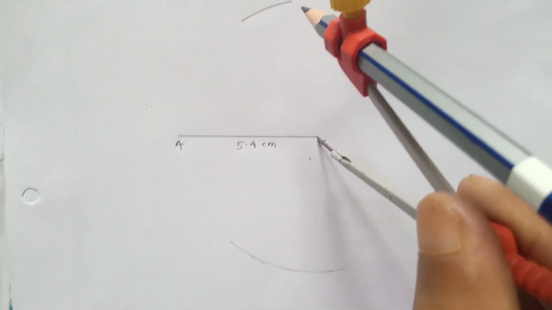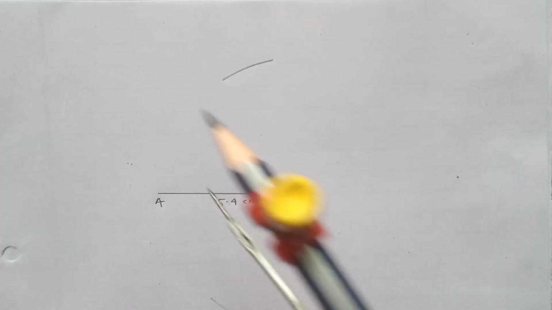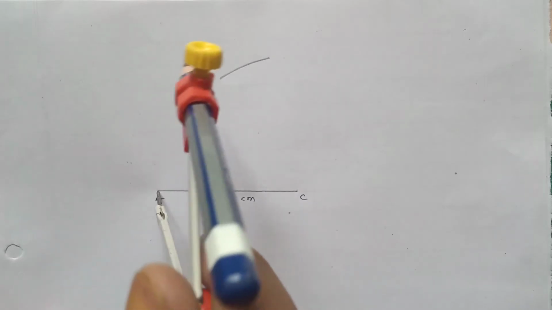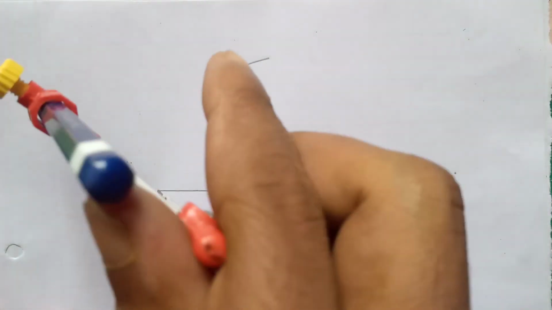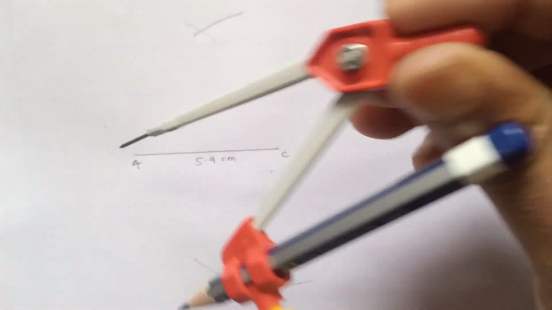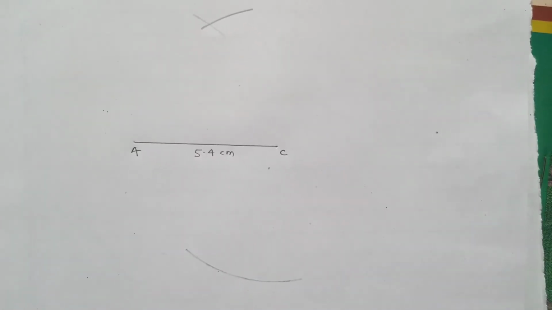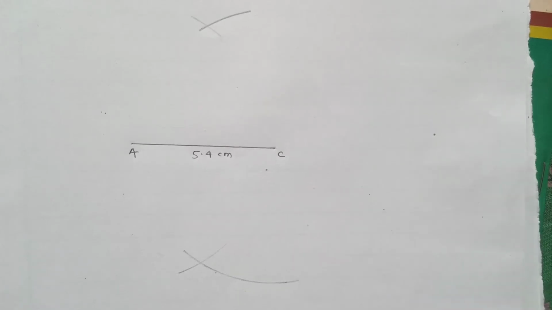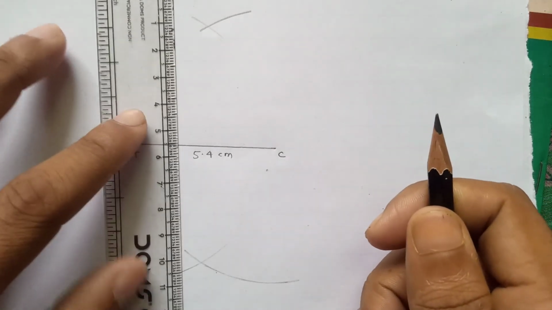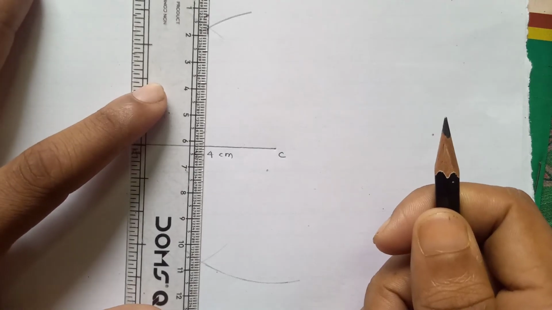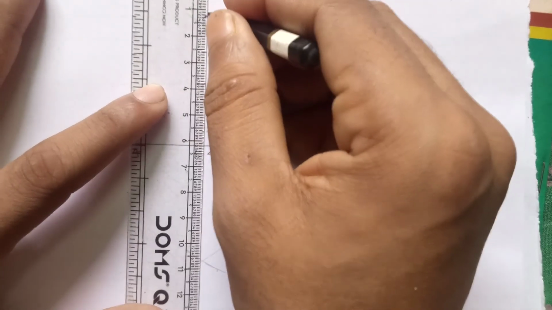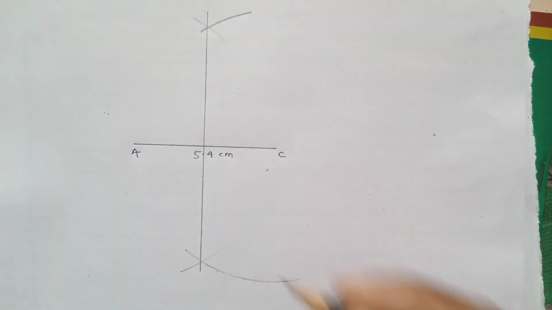Without moving your compass from C, and then bisect from A. Without moving your compass, just bisect on the upper part and then bisect on the lower part. Got it? So let's bisect it. Now we draw these two lines with a scale, a vertical line. Clear?